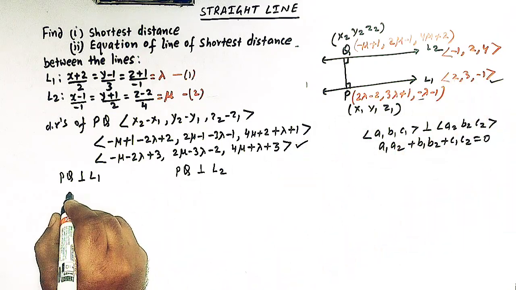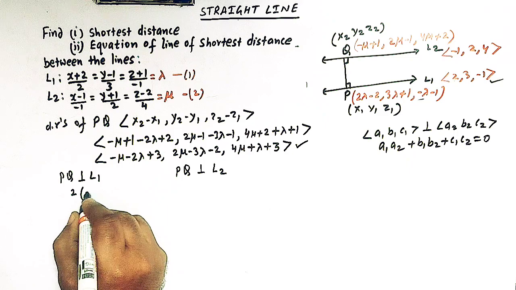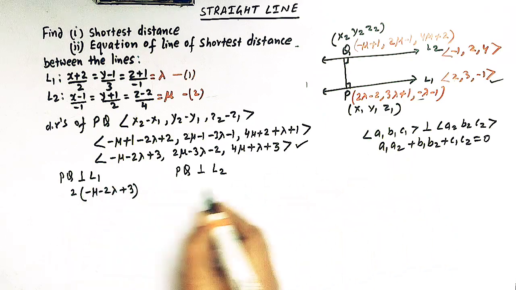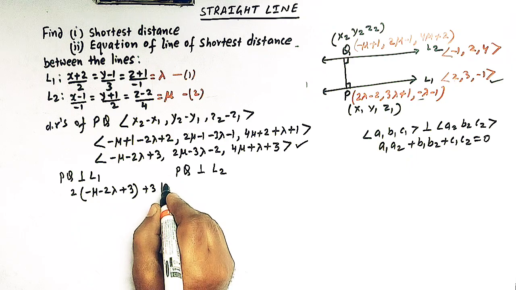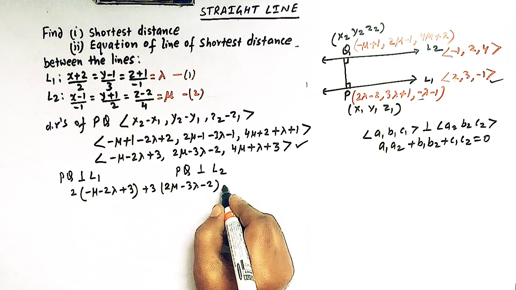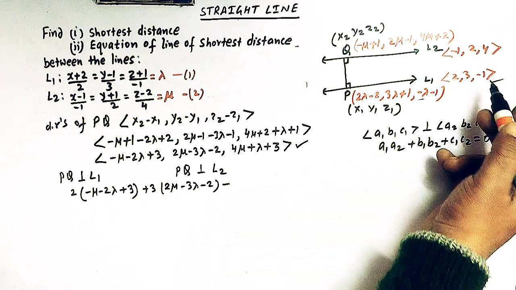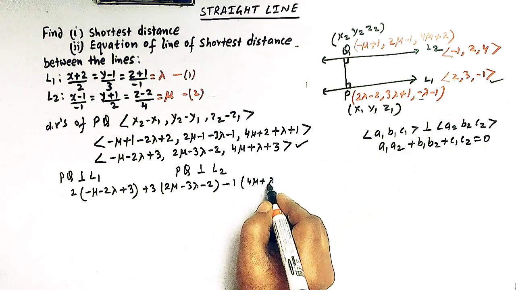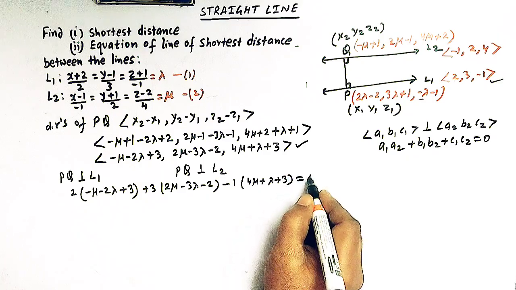So now we can write 2 times minus mu minus 2 lambda plus 3, then 3 times 2 mu minus 3 lambda minus 2, and then -1 times 4 mu plus lambda plus 3 is equal to 0.